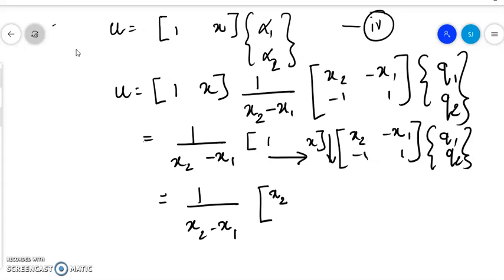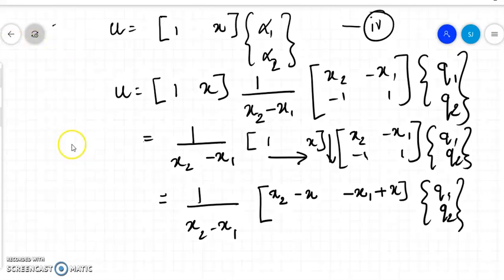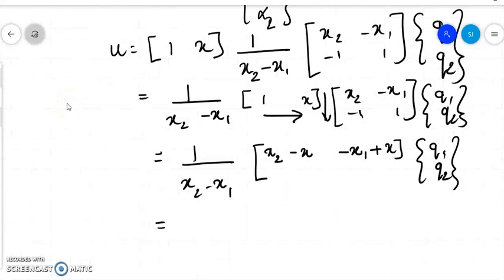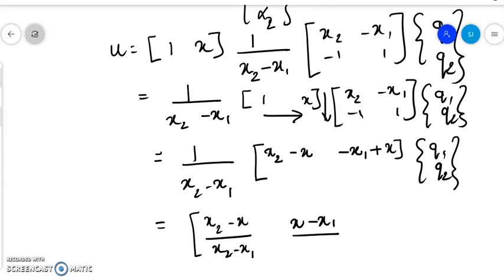So it is x2 minus x and minus x1 plus x, into q1 q2. u can be given as x2 minus x upon x2 minus x1 and, rearranging, x minus x1 upon x2 minus x1, multiplied by q1 q2.